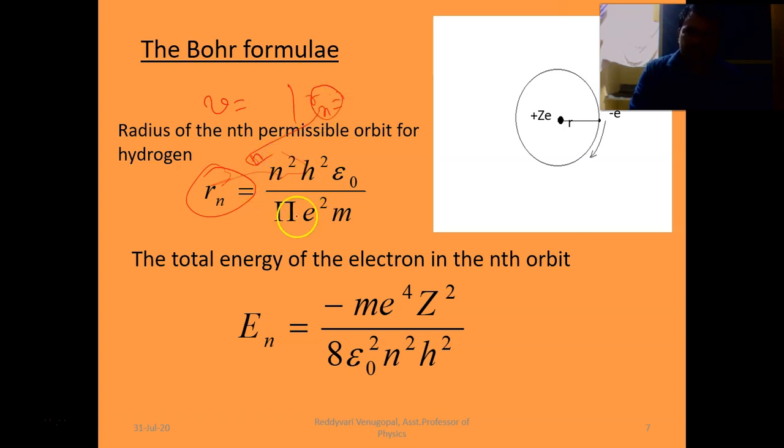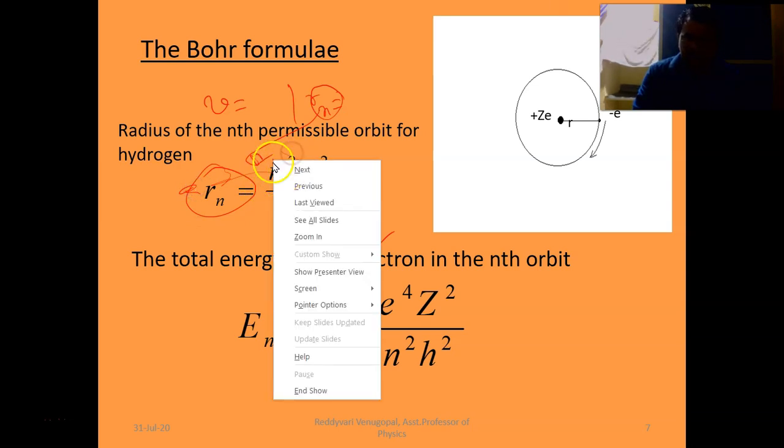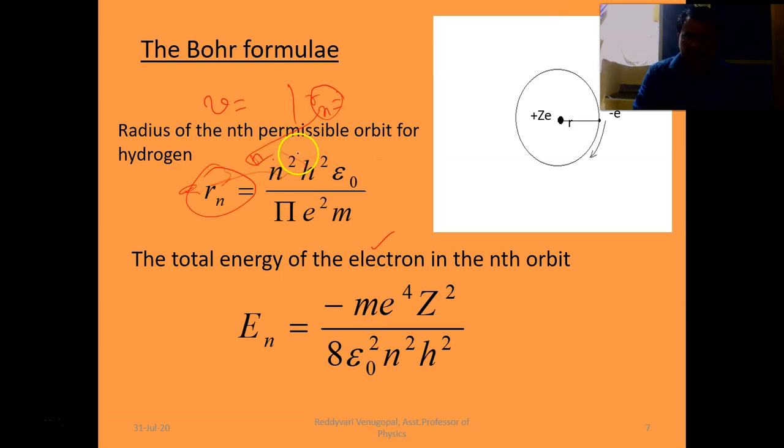It will come like this. If you observe, all are constants except one term. Just to explain, this is n square. N square is the number of the orbit.